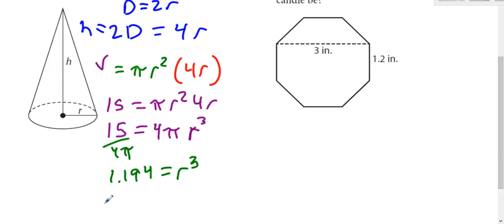And we're trying to get rid of the exponent of a 3, so we do a 1/3, or a cube root, and you get 1.06.